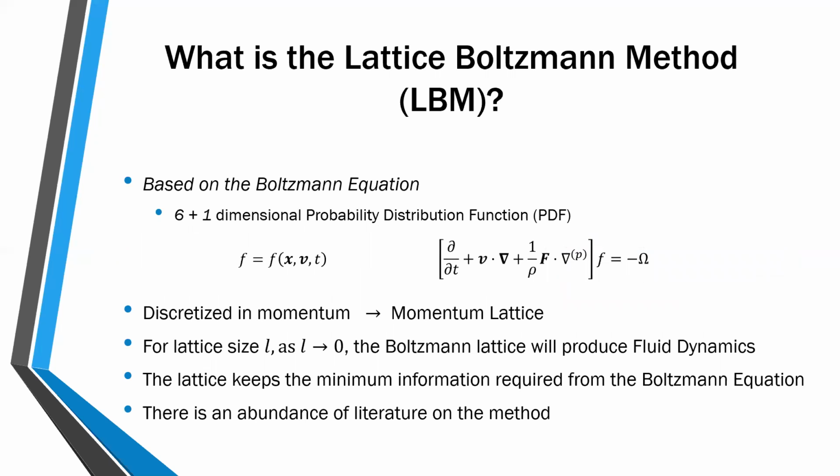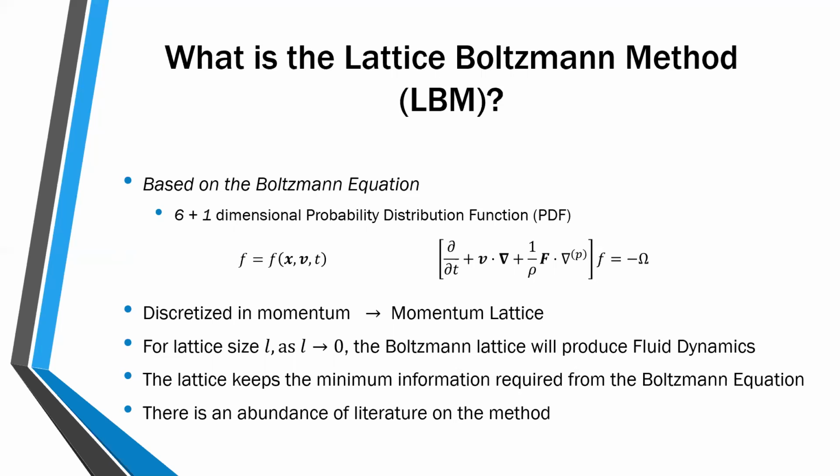Okay, so what is the Lattice Boltzmann method? Of course, it's based off the Boltzmann equation. It starts off with the probability density function. I'm sure that this audience is aware. And here is the Lattice Boltzmann equation with the collision operator.